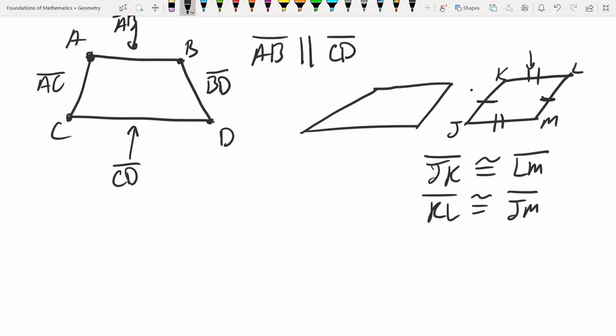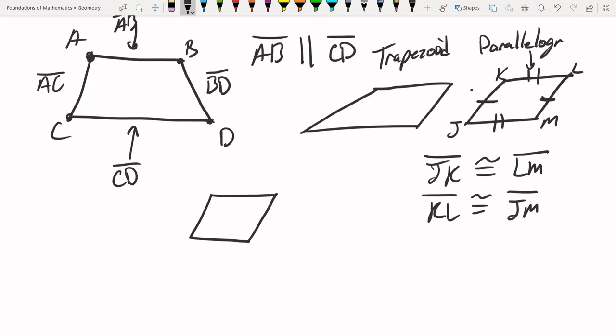If all of the sides are equal, the parallelogram looks more like a kind of shifted square. This is called a rhombus. I should write trapezoid here. Parallelogram. And this right here is called a rhombus. That's where all the sides are equal and opposite sides are parallel.